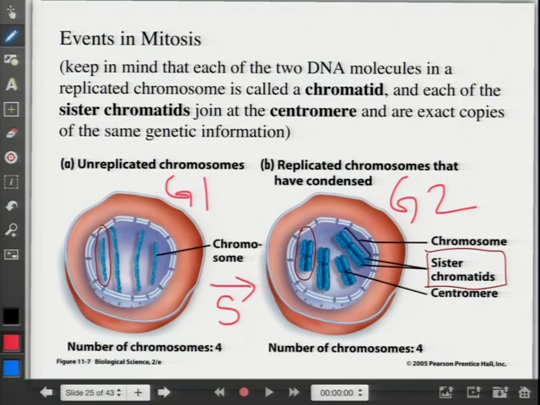And so again, the sister chromatids, they're pointing to them right there. The whole thing is considered a chromosome, just like this whole thing is considered a chromosome. And then the centromere is the pinchy part that holds them together. That's where the spindle fibers attach to pull them apart.